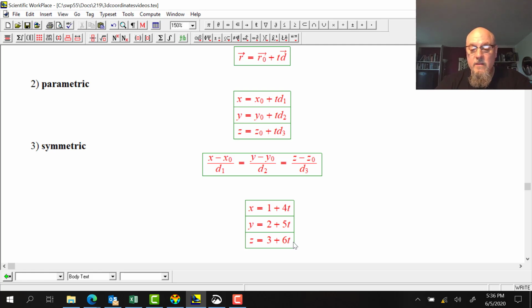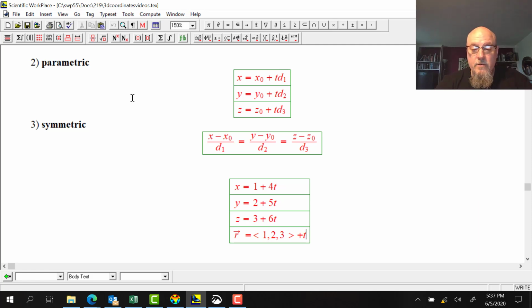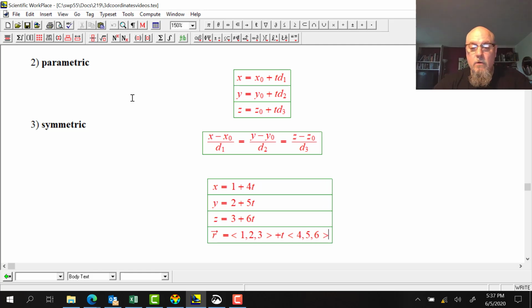If I wanted to write this in vector form, then I just have to write it as r is equal to the point, which is 1, 2, 3, plus the parameter times the direction vector, 4, 5, 6. Okay, so now it's easy to go from parametric to vector, or vector to parametric.